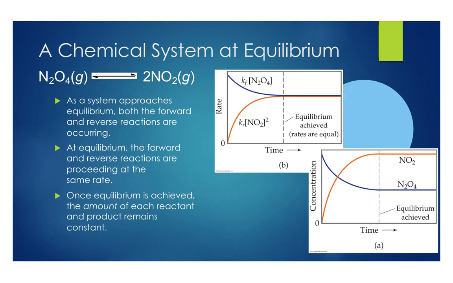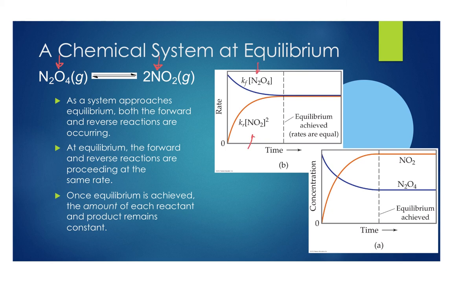Okay, so here's a very simple reversible system. If we think about what happens at equilibrium, the forward rate is dependent upon the N2O4, and the reverse rate is dependent upon the NO2. So we can write rate laws for both of those.